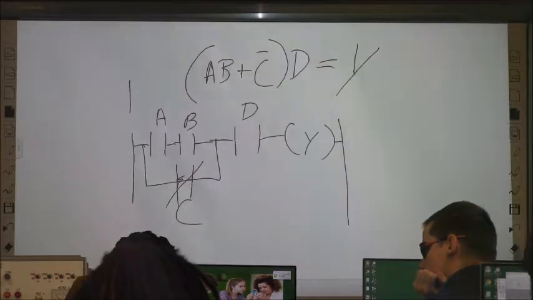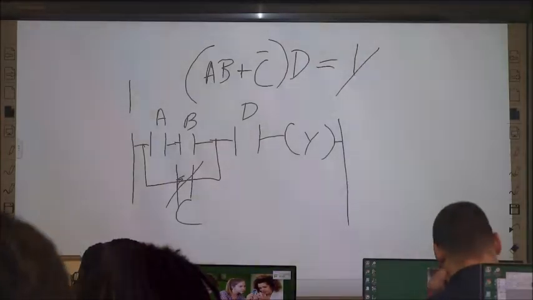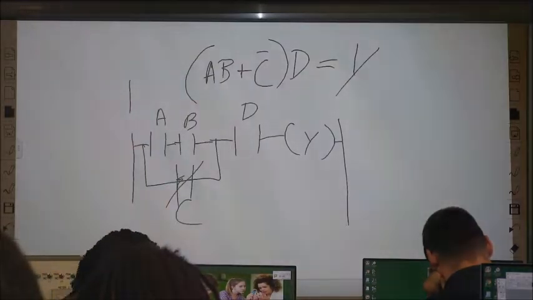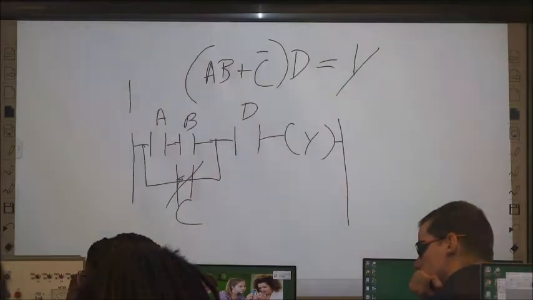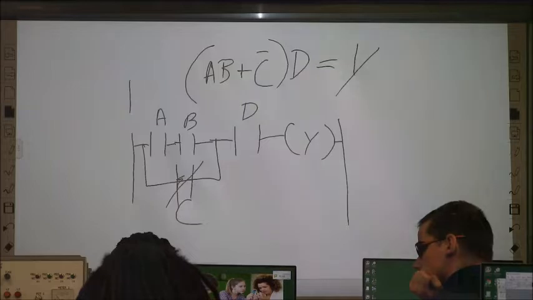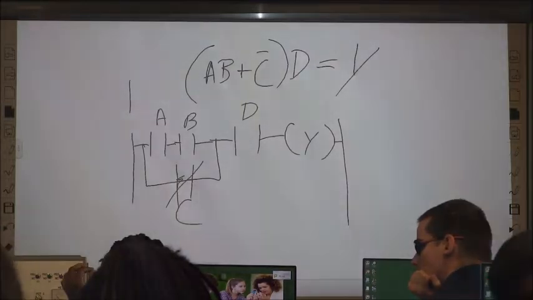Keep this in mind, it says the switch is in its normal state. What does that mean exactly? That means the contacts are already closed. Yes, that's right.